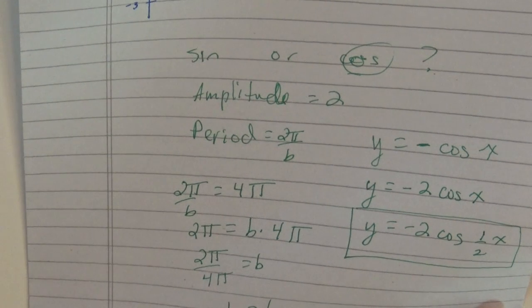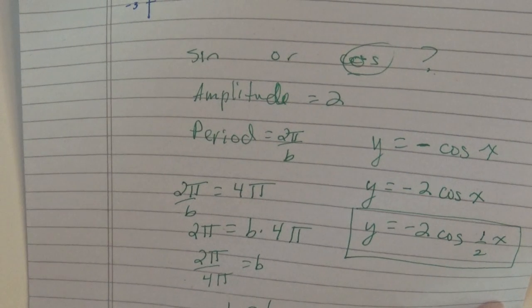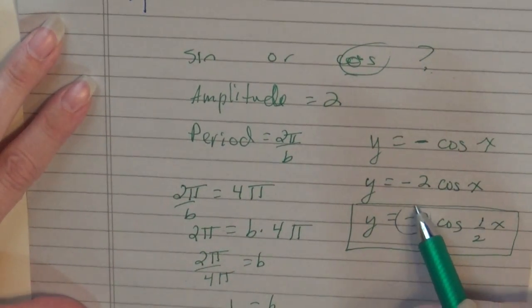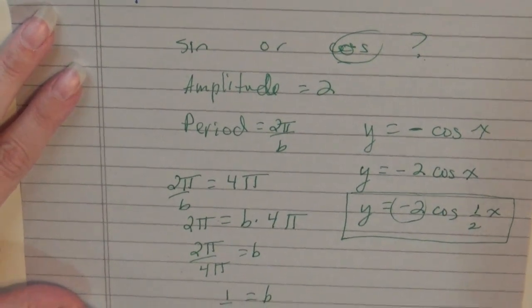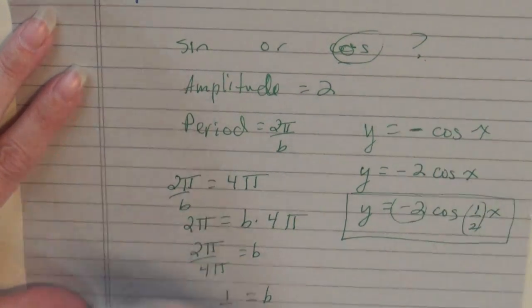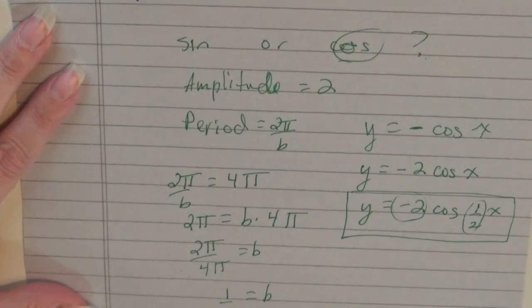But other than that, this is really an extension of 1.7.1 material, where you've got the vertical stretch, the vertical shrink, and you just have to know how to find your amplitude. Remember, amplitude always comes from the number multiplied to the front of the function. Then you have to determine the period, and you use your formula 2 pi over b. This is your b to help you find the period. And the negative here still means it's a reflection across the x-axis.